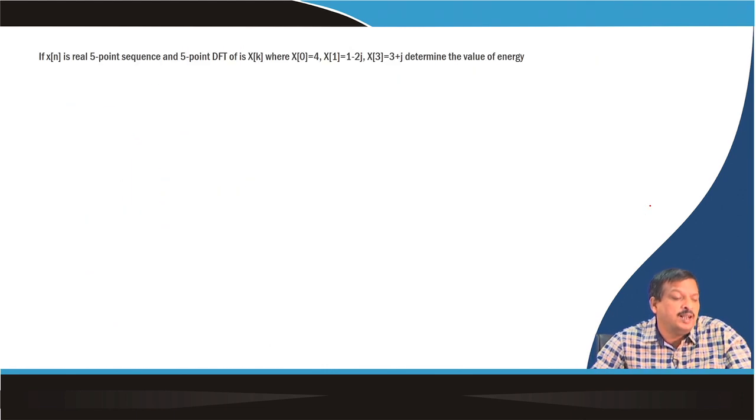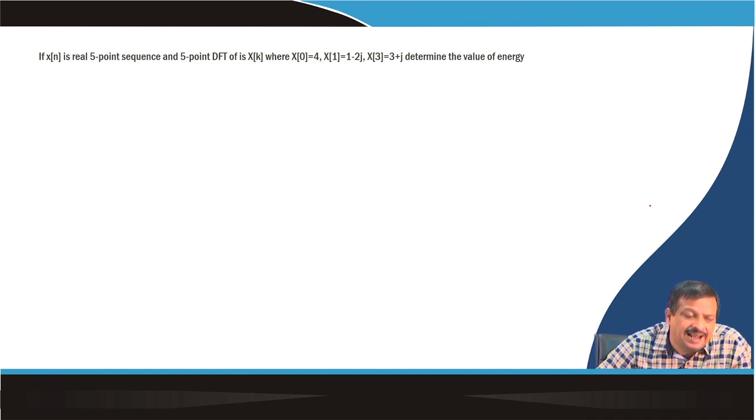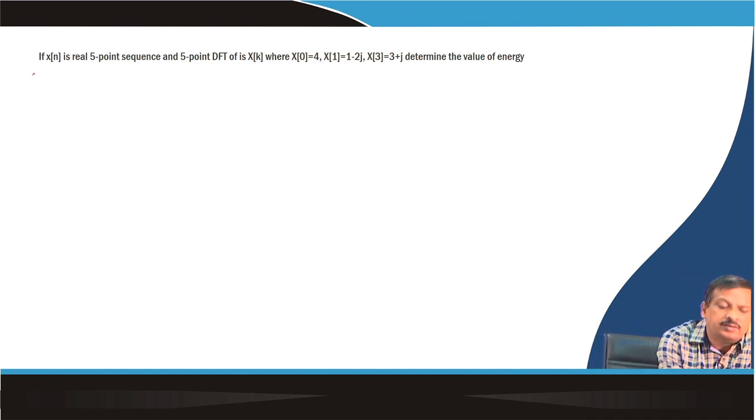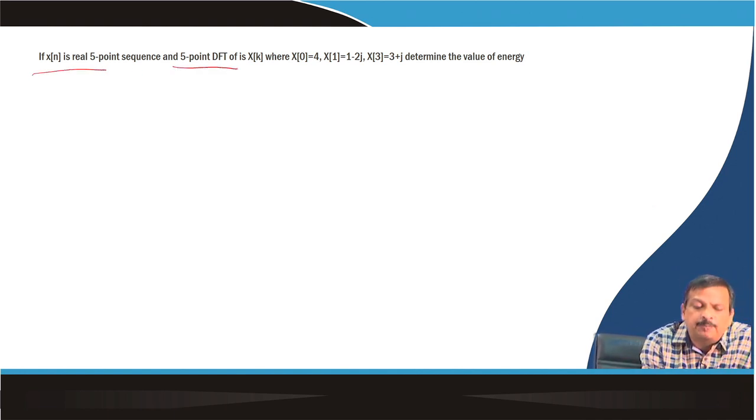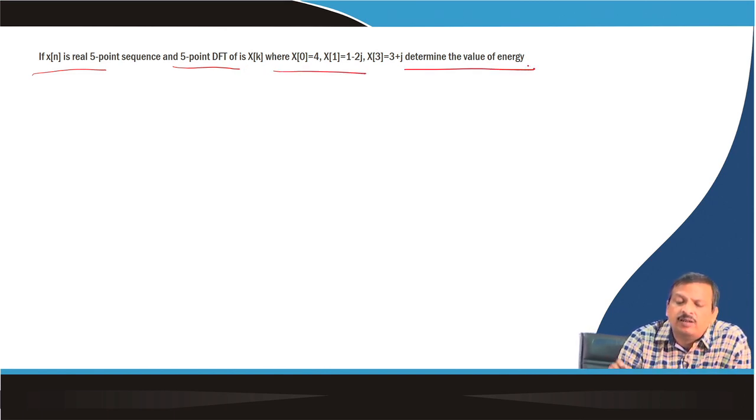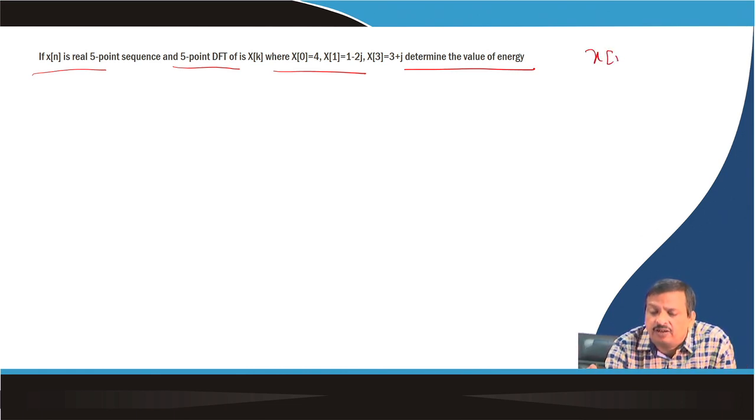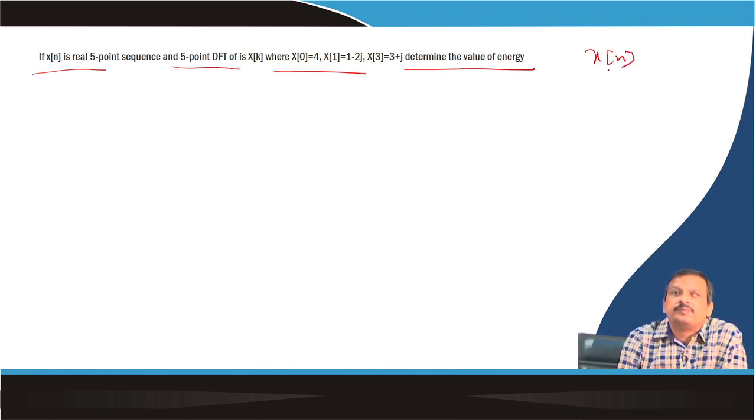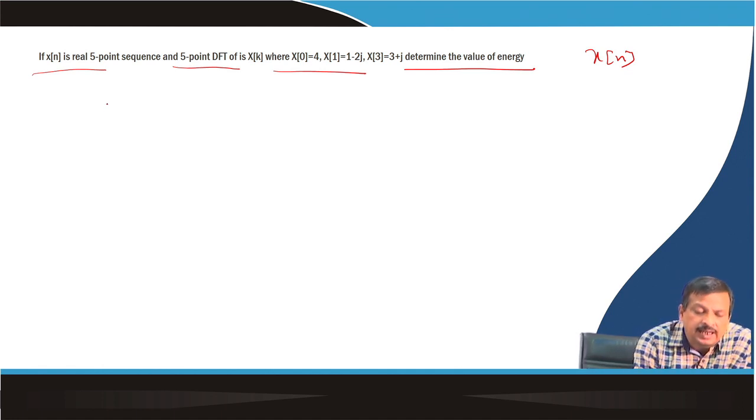Next problem, let us say x of n is a real 5-point sequence and the 5-point DFT X of k is given. Determine the energy value of the signal. So, what is the energy of the signal? What is given?